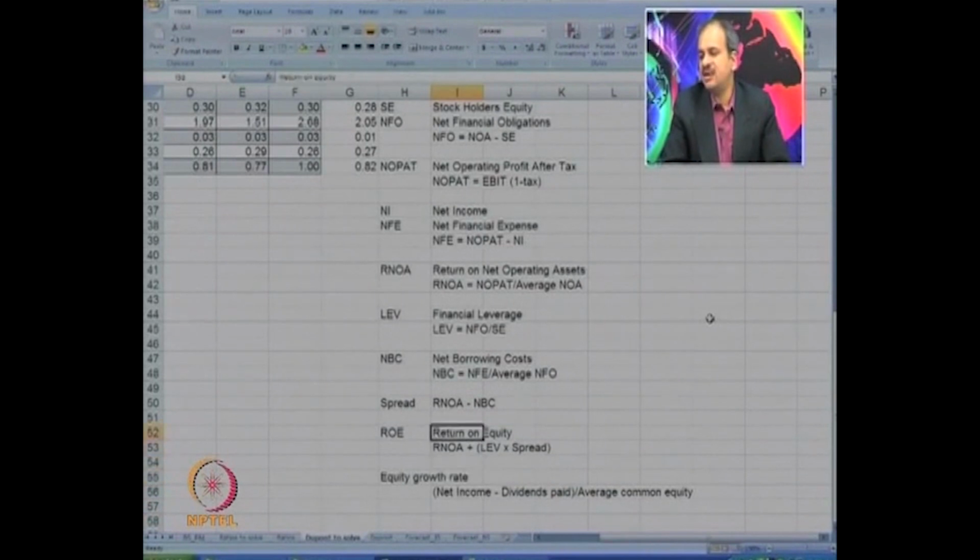ROE is the return on equity, which is RNOA plus LEV into spread, because ROE is a return available to the equity owners. So, equity owners essentially get the return on net assets, plus they also make money by leveraging, which is equivalent to spread. So, it is LEV into spread. And the last calculation is equity growth rate, which is net income minus dividend paid upon average common equity.